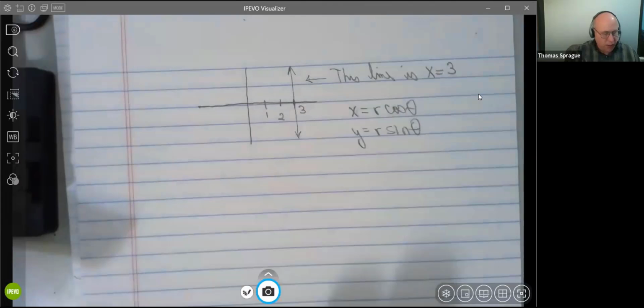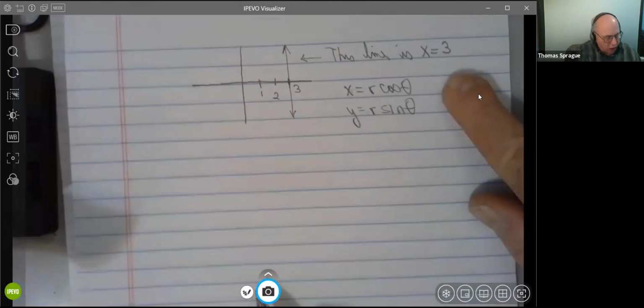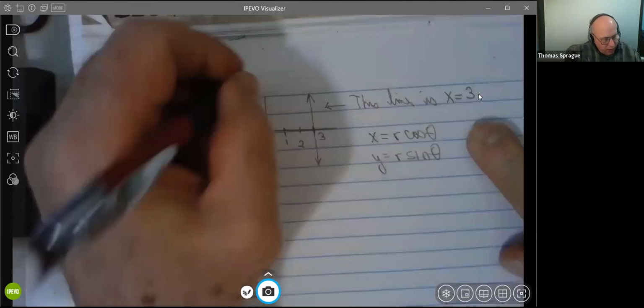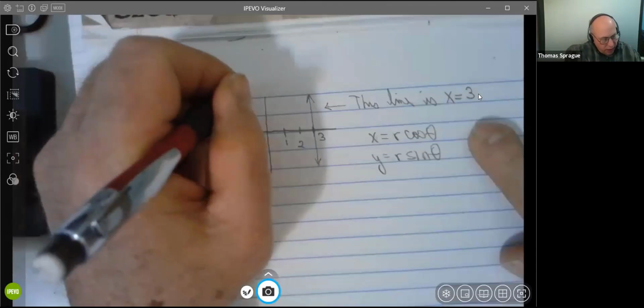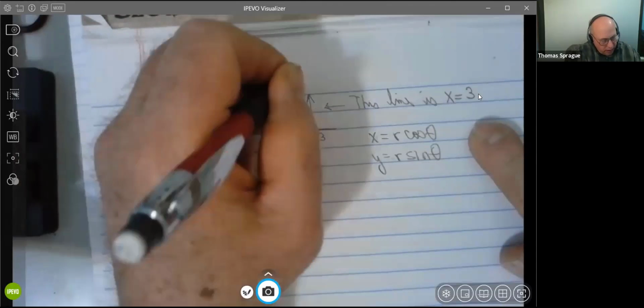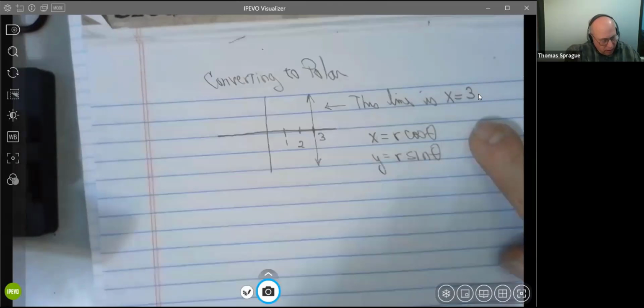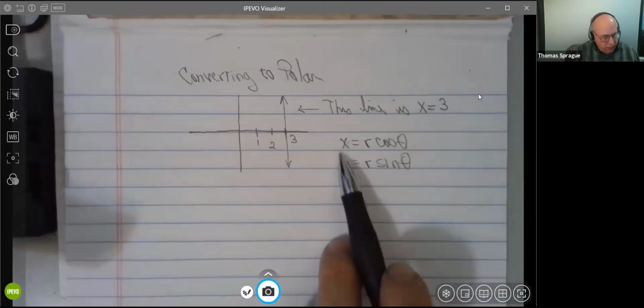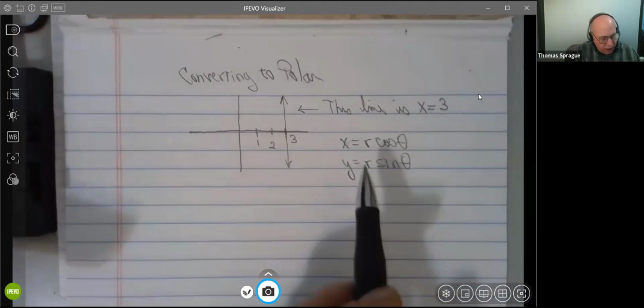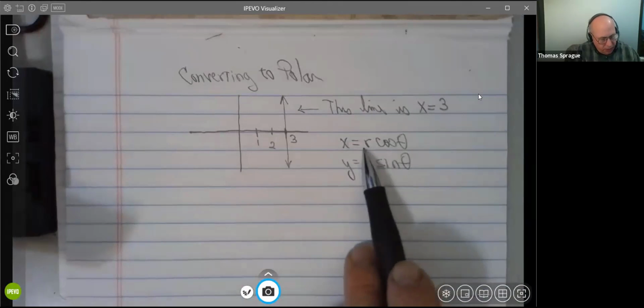So the easy way to do this switch, now I'm converting the other way around, is to replace that x by r cosine theta.